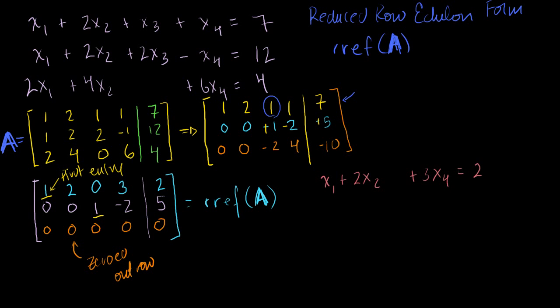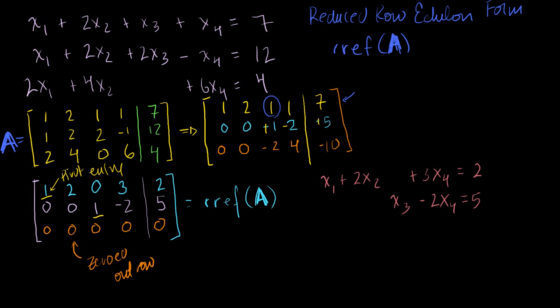And then this equation, no x1, no x2, I have an x3. I have x3 minus 2x4 is equal to 5. And then I have no other equation here. This one got completely zeroed out. So I was able to reduce this system of equations to this system of equations.